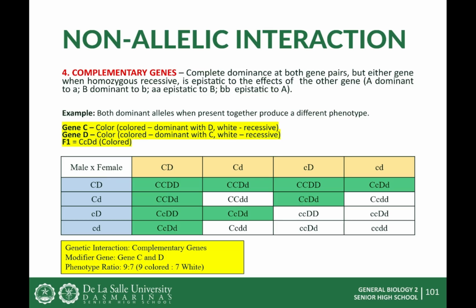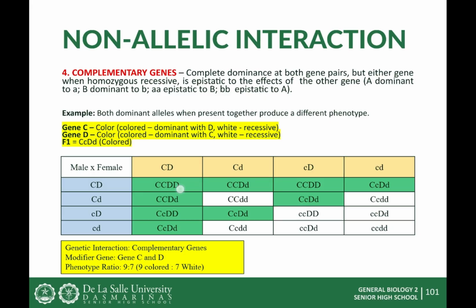Now, we have a complementary gene. So what is the difference of this to the dominant epistasis? The difference is that both of the genes must be dominant for the trait to be expressed. Okay?